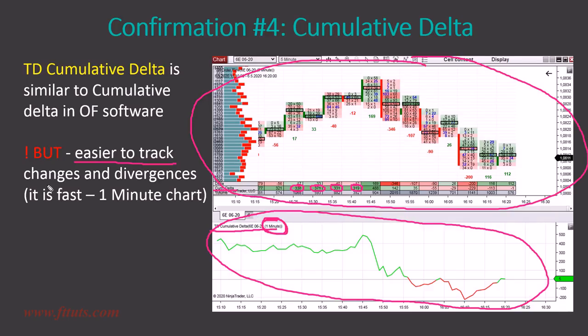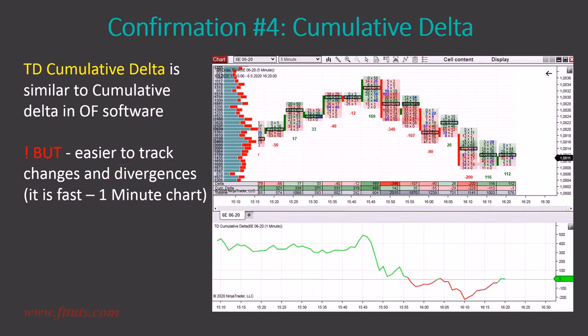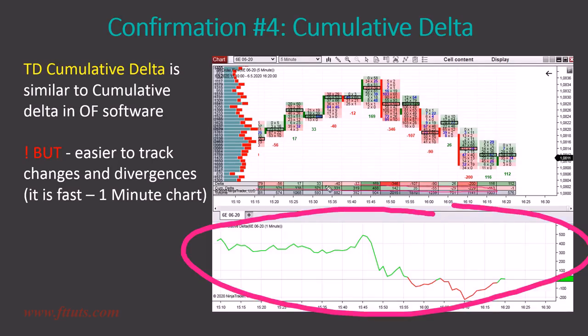So it's easier to track the changes and most importantly the divergences because it is a fast 1 minute chart. Alright, so that's why instead of the cumulative delta on the order flow, I prefer to use this delta. It is just a visual thing, but in real trading there is a huge difference between this and this.